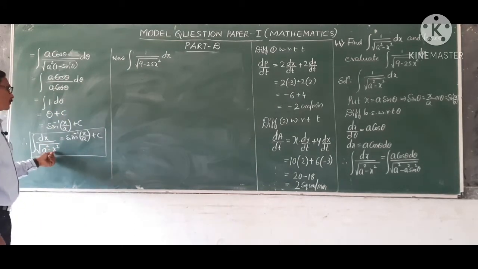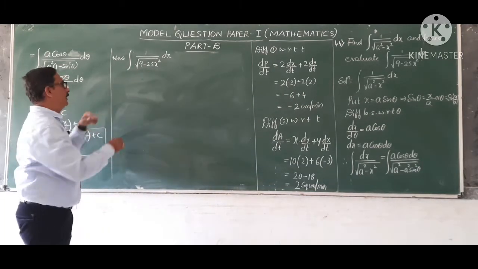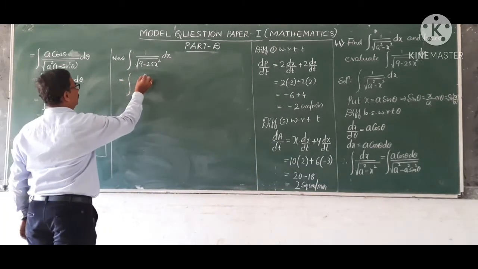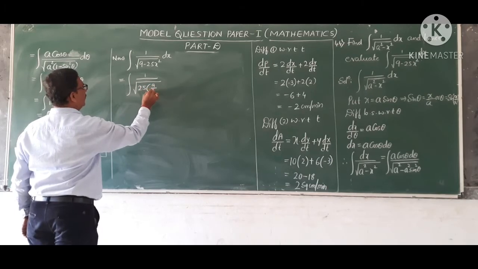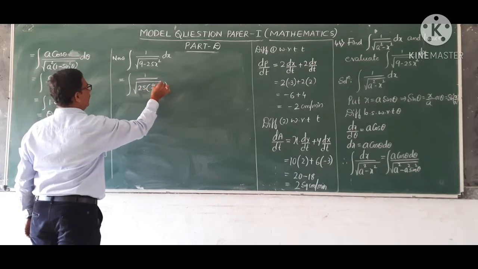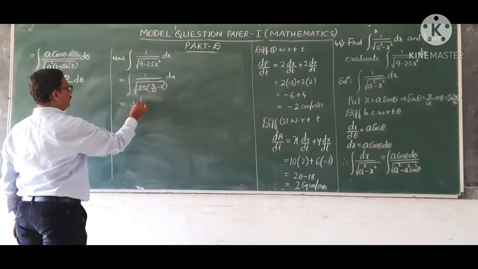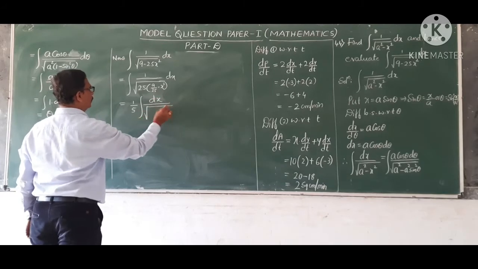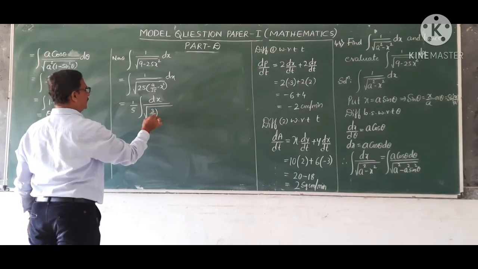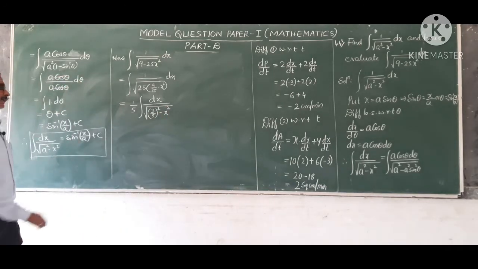No, because coefficient of x square is always 1, but here coefficient of x square is 25. Make it standard form so that we can write 1 divided by, in the denominator take 25 common, 9 by 25 minus x square, correct? Square root of 25 is 5. 5 is constant, take outside, into integral of 1 by under root of 9 by 25, which is same as 3 by 5 to the power of 2, minus x square.